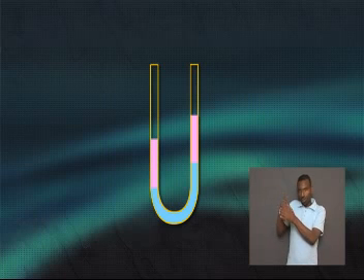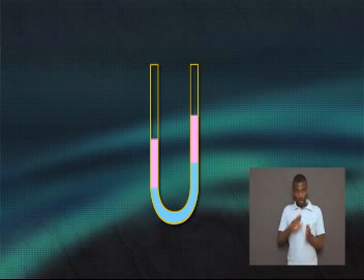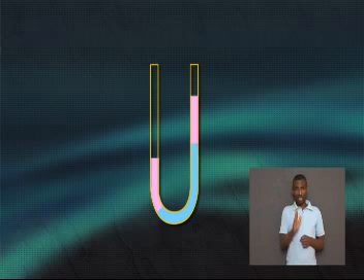Depending on the strength of the gas, the mercury at the bottom of the U-tube will move up one side or the other. If the gas is heavier than the air, it will push the mercury in the sealed end below the equal point.